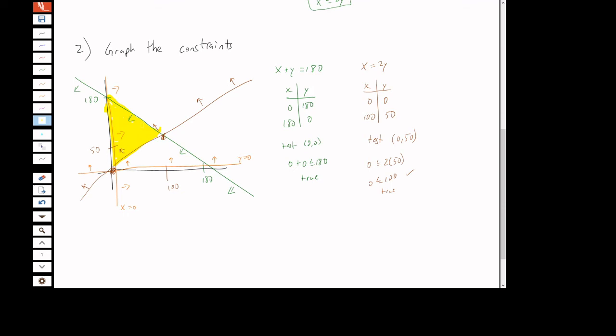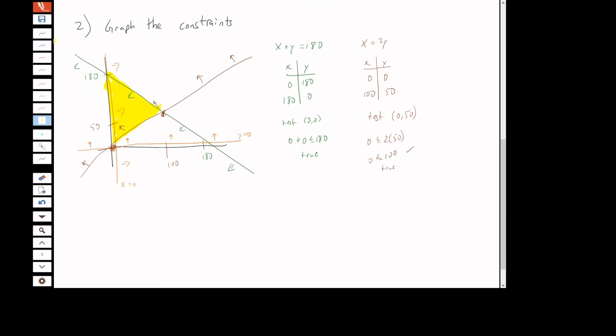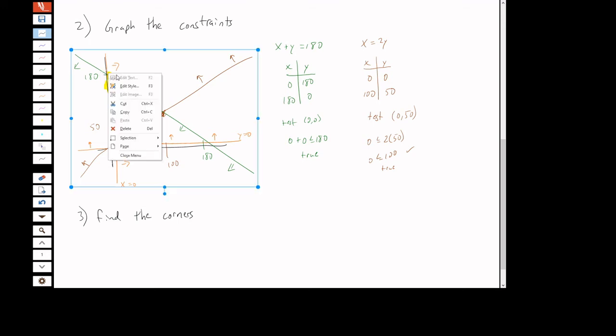All right. Next, what we want to do is find the corners of our region. The maxes and mins of our objective function are going to be at one of the corners of our feasible region. Okay, and in this case, I can see what two of my corners are pretty easily.